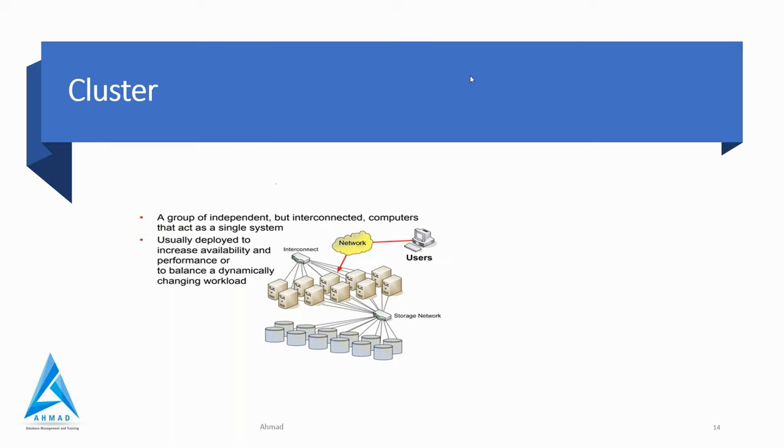When they are interconnected, it means they can use resources for doing a task. So in one line, if anybody is asking the definition of a cluster, you can say that a cluster is a group of independent but interconnected computers that will act as a single system, or behave as a single system. Got it? So this is the cluster keyword concept.